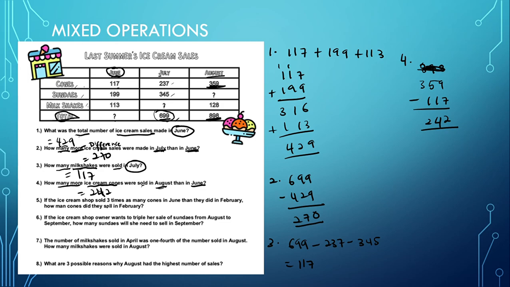Number 5. If the ice cream shop sold 3 times as many cones in June than they did in February, how many cones did they sell in February? Okay, so now February is not listed in here. But then it is said that in June they sold 3 times as many cones than they did in February.